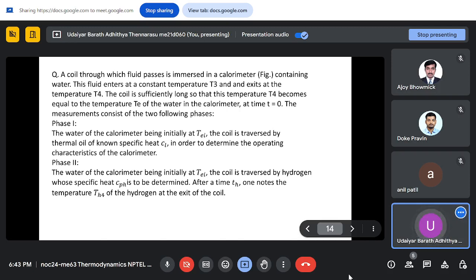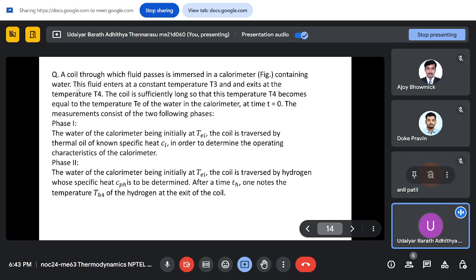And here we are using it to estimate Cp, the specific heat, for hydrogen, and also to find how much energy there is in the thermal oil. So that's basically what a calorimeter is used for: estimating energy using the change in temperature of the water.